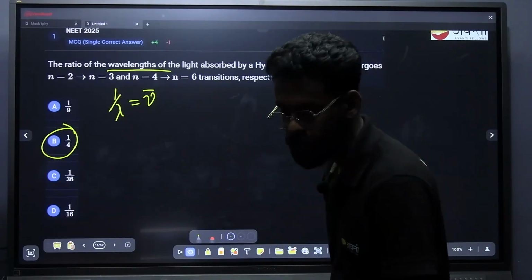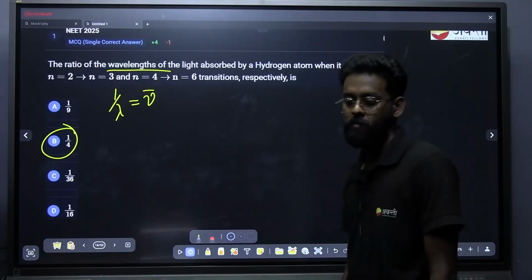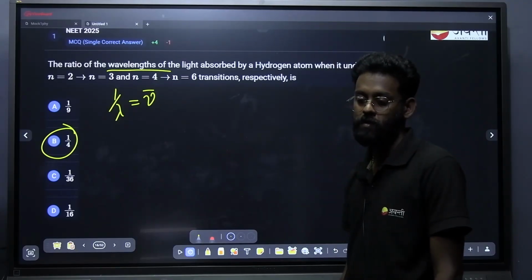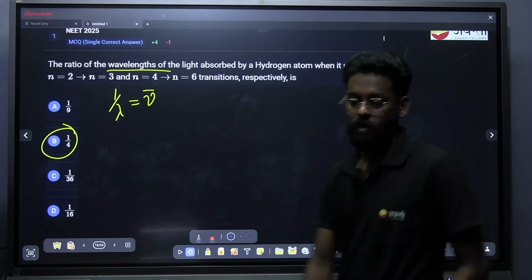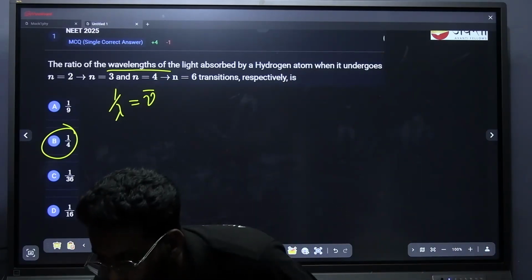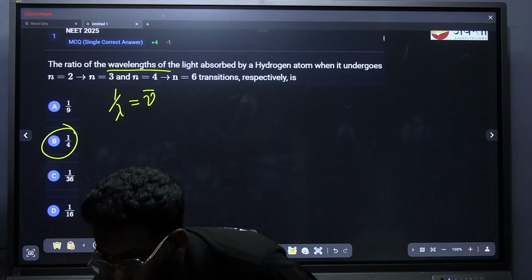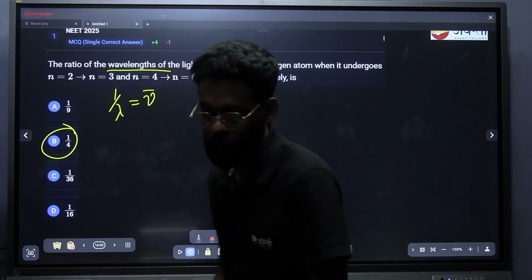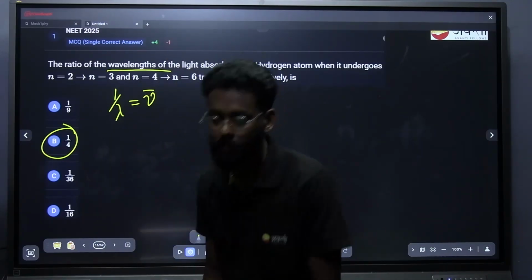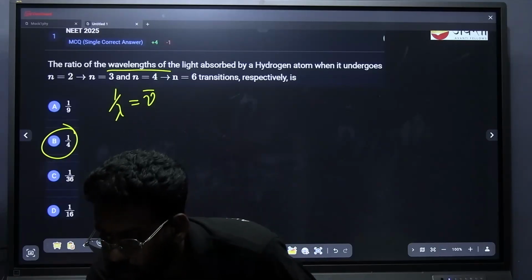Then anyone else having a different opinion? No, right? Any other answer anybody got? Let me check the chat box. Yeah, okay, Srishmi has given the option A. Okay. Anyone else?